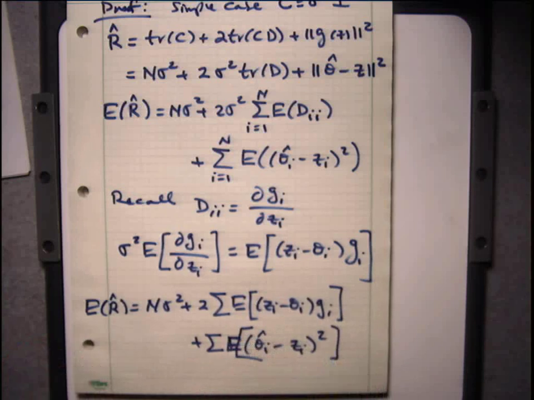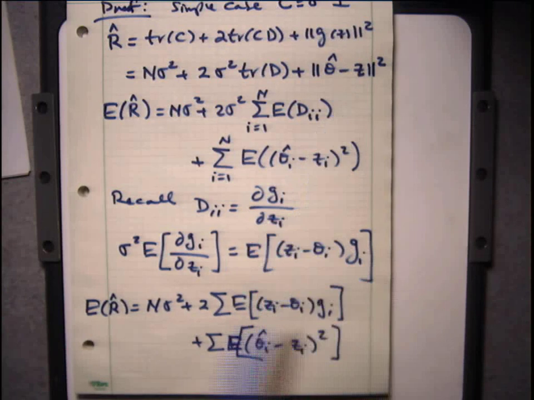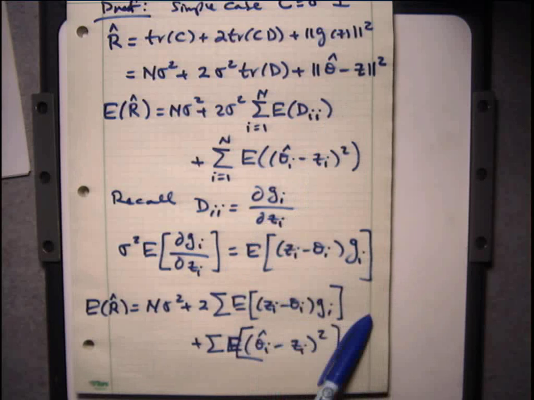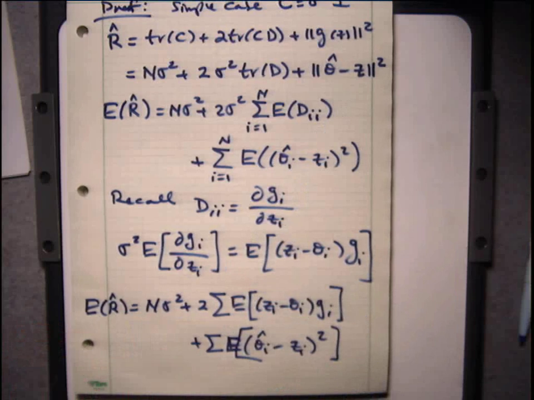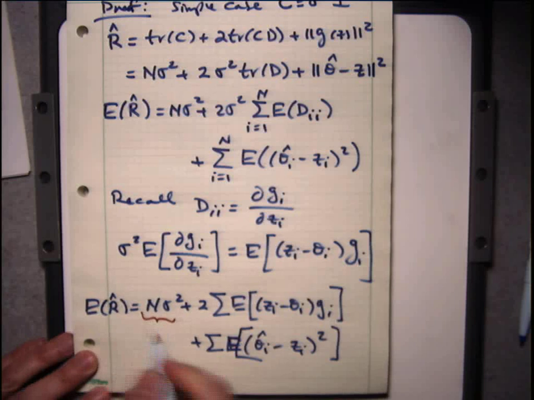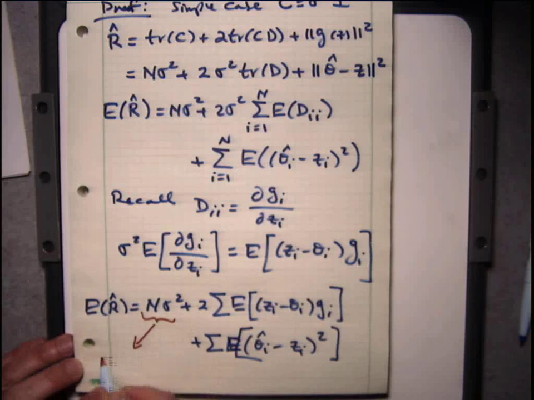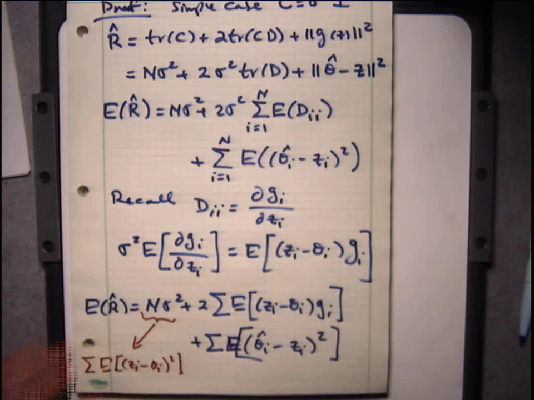Okay? So basically this part has been replaced with this part. Now where am I going with this? The last thing I really need to do is to note that this n times sigma squared is simply the sum of the expected value of (zi minus theta i) squared. Okay?